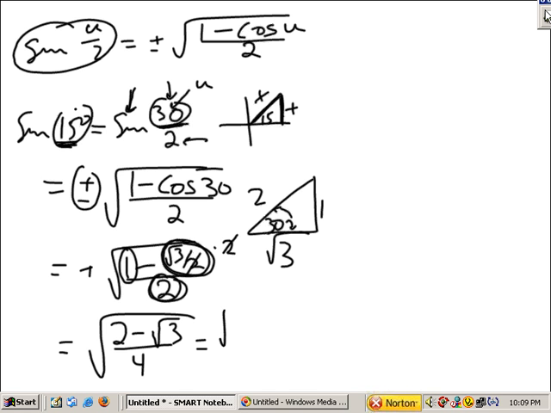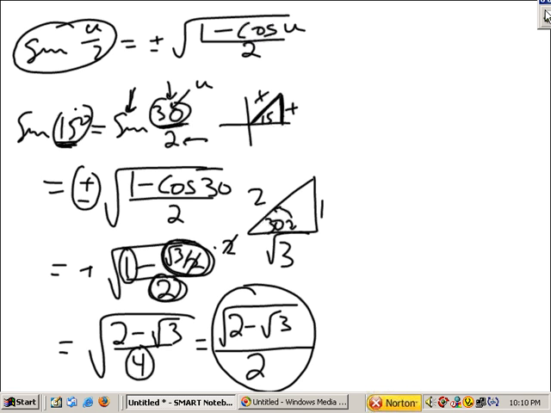I have no idea what the square root of 2 minus square root of 3 is. But I definitely know what the square root of 4 is. It's 2. This is exactly what sine of 15 degrees equals. And for some reason, I think we got a different looking answer when we calculated sine of 45 minus 30.